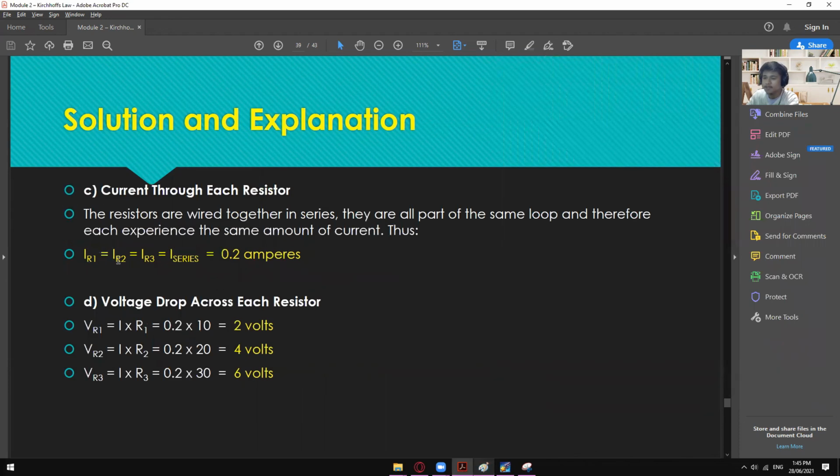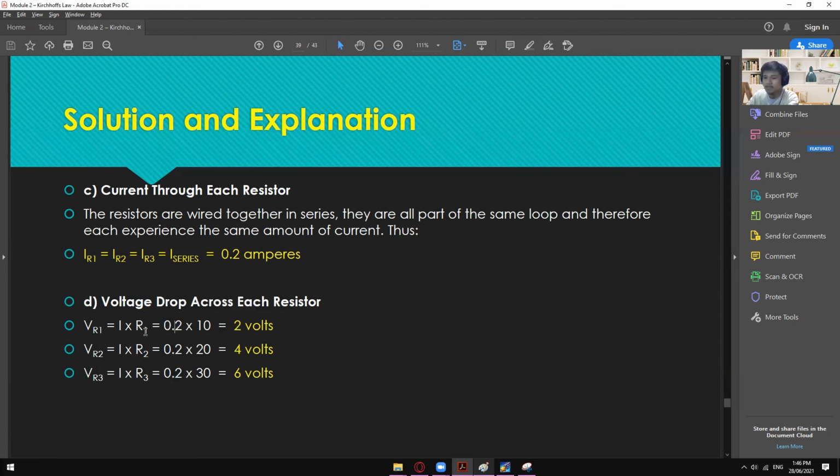For letter C, we can already solve for the individual currents just by saying that I total is equal to IR1, IR2, and IR3. Since they are in series, you only have one single value for the current. Since they are in one connection only, you have the same current, 0.2, 0.2, 0.2.